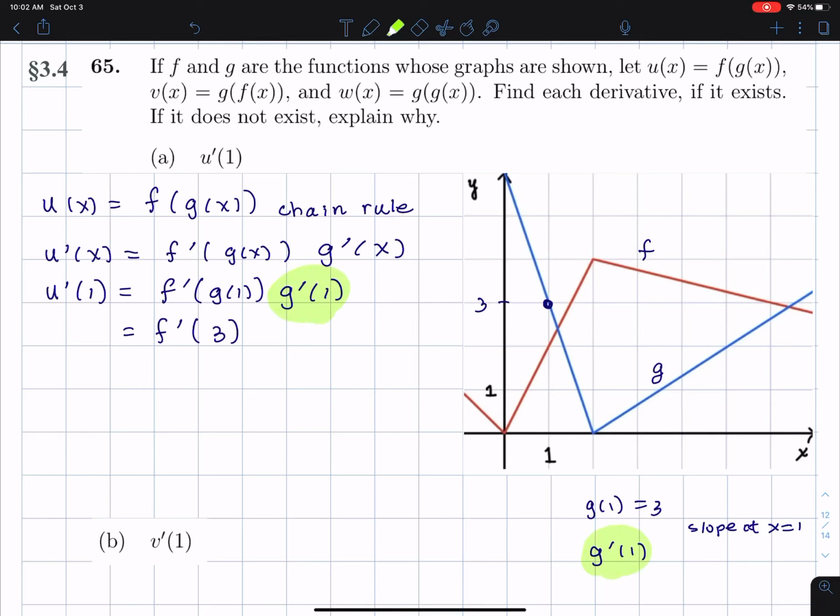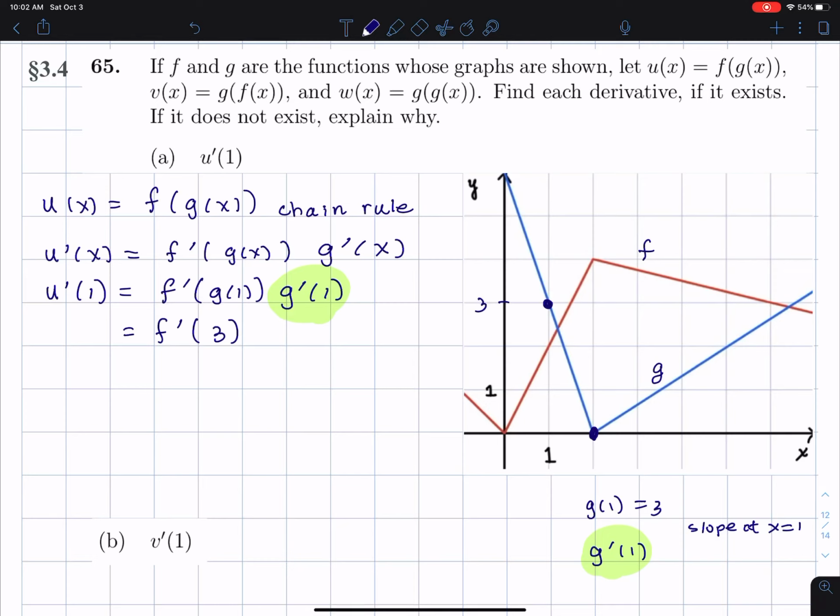G prime of 1 is the slope when x is 1. So I look at 1, and I'm looking at this g graph, which is in blue, and I have 1 point, and now to find the slope of this line, I need another point. Which one will I pick? I'll pick another point where the two coordinates are integers.